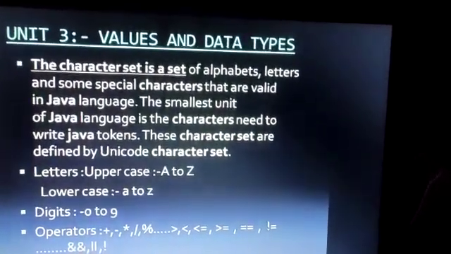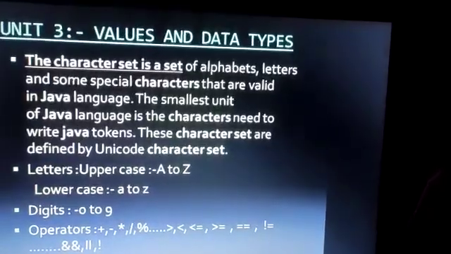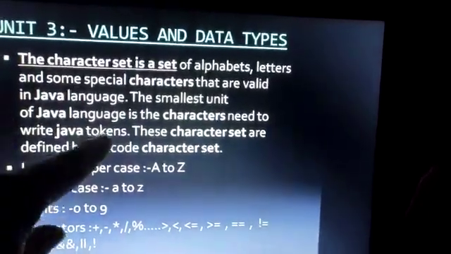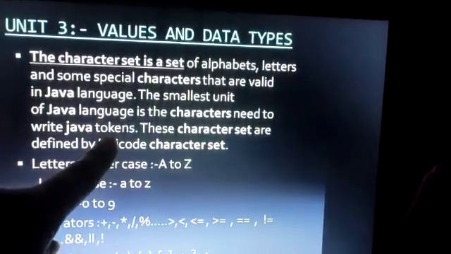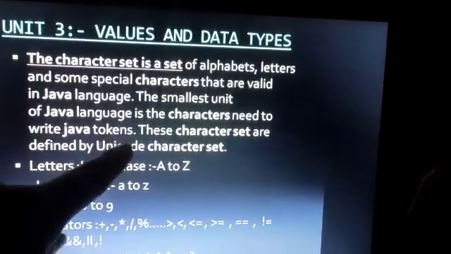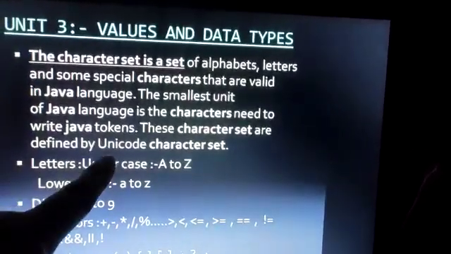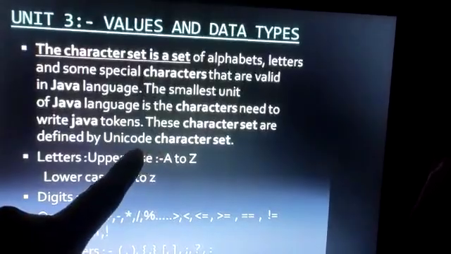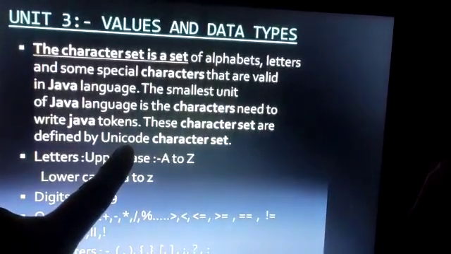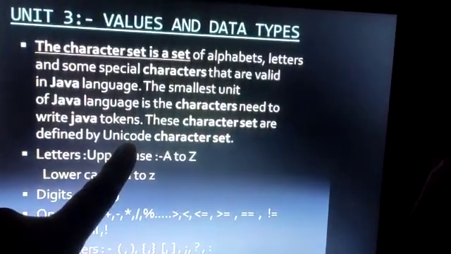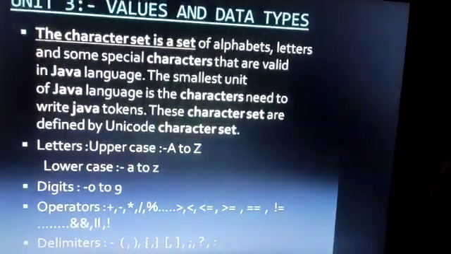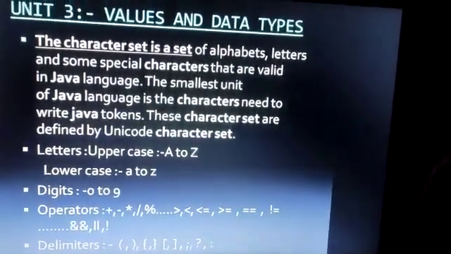It can be an identifier, an operator, or a keyword which is helpful to make Java programs; these are known as tokens. These character sets are defined by a unique character set. We have two types of character set, ASCII code characters and Unicode characters. We'll discuss the two later in this chapter.